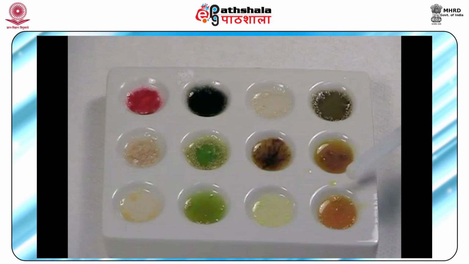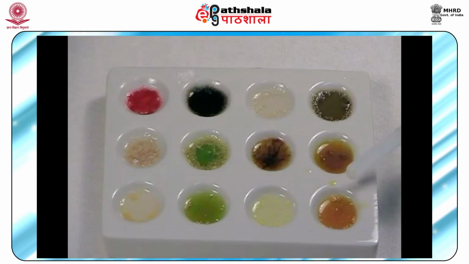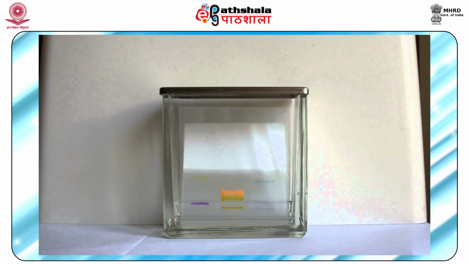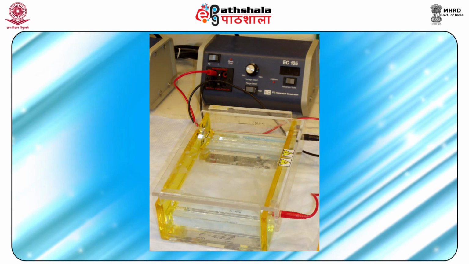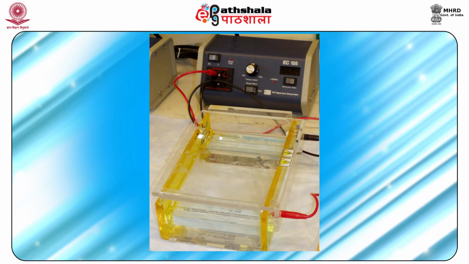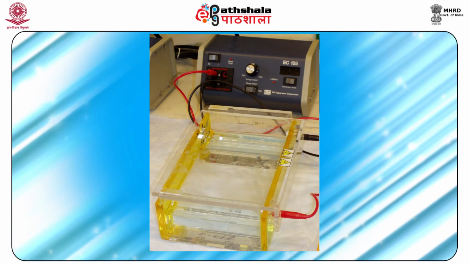Such tests may be as simple as various color tests or may involve different instrumental techniques ranging from simple to complex ones. Paper or thin layer chromatography or complicated techniques like gas chromatography or electrophoresis could be used for the analysis of different toxins.